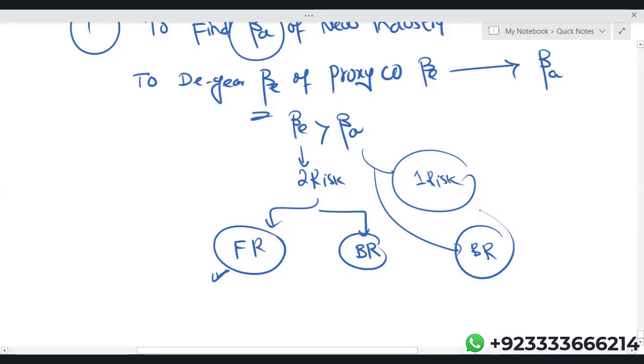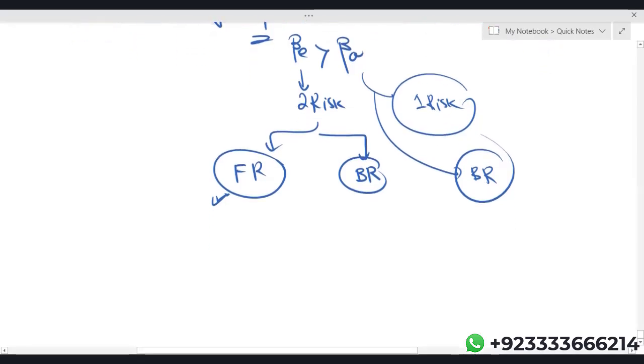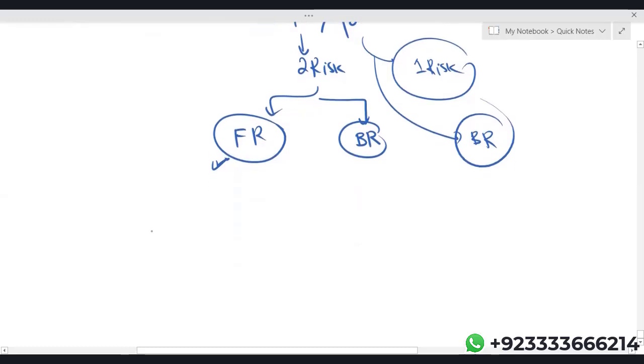So in step one, we'll be taking the proxy company financial gearing and proxy company equity beta, and we will calculate beta asset. When we de-gear beta equity to get beta asset, the answer should be less than beta equity. Okay, now listen. I need to calculate beta asset.